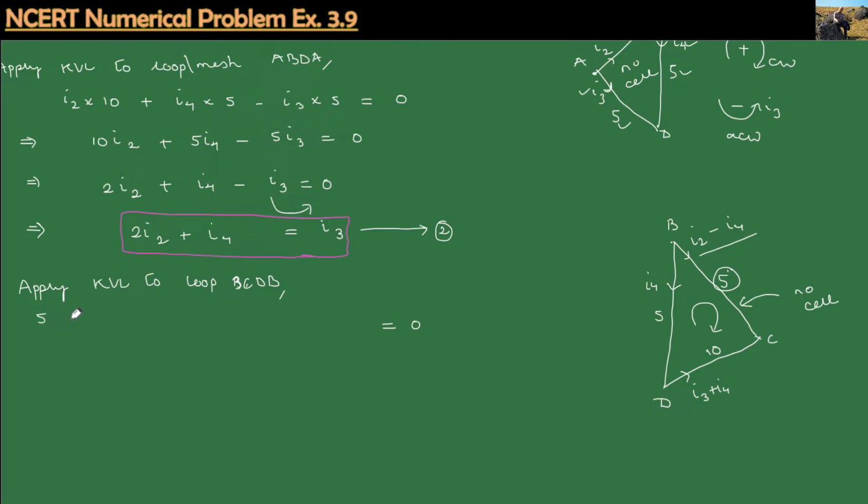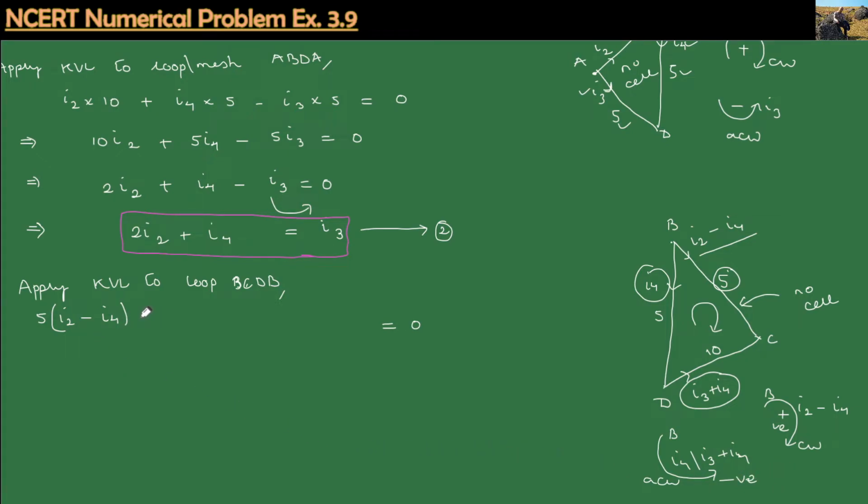So this will be 5 times I2 minus I4, and this will be positive, because the current I2 minus I4 is in the clockwise rotation with respect to point B. Whereas the currents I4 and I3 plus I4 are in the anti-clockwise direction with respect to B, so these currents will be taken as negative.